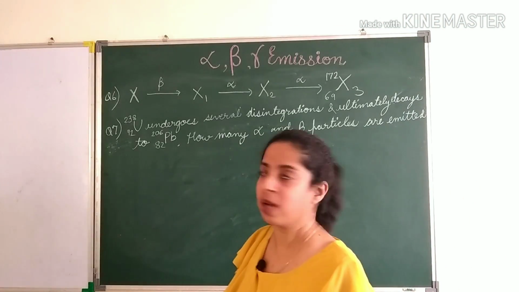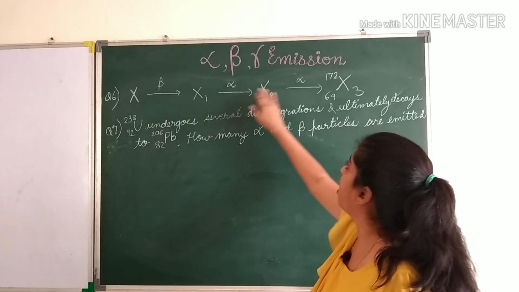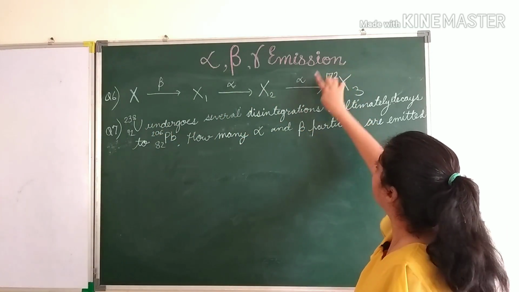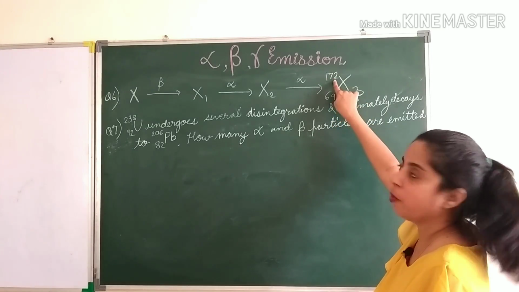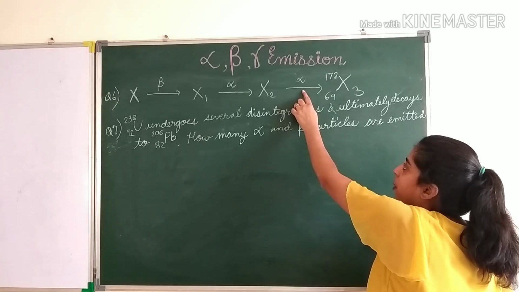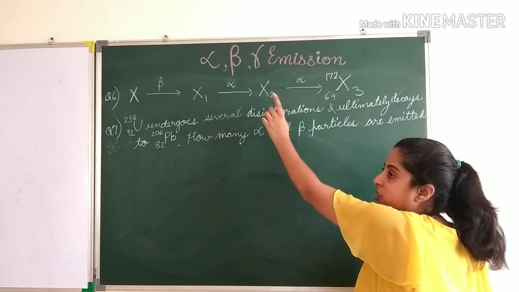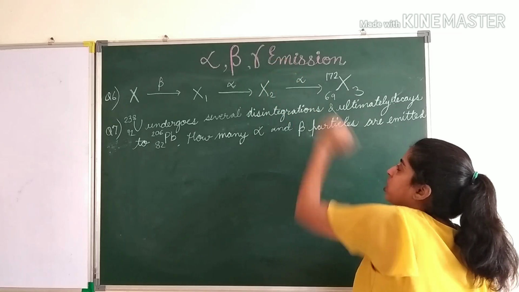Let's do 2 more sums. See in this question number 6, again there is beta, alpha and alpha particle emitted, and in the last nucleus they have given atomic number and mass number. So here it's 69, 172, alpha particle emitted. Alpha में हम -2 करते हैं, -4 करते हैं, but when we are going back हम +2 करेंगे और ऊपर +4 करेंगे.